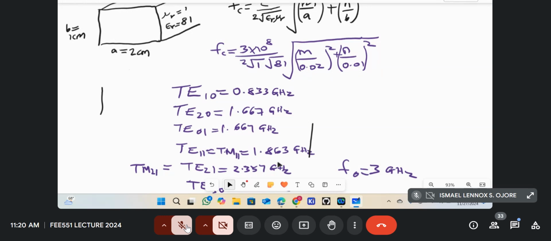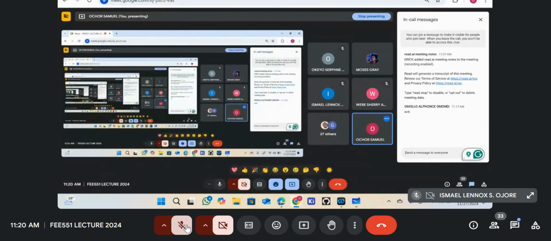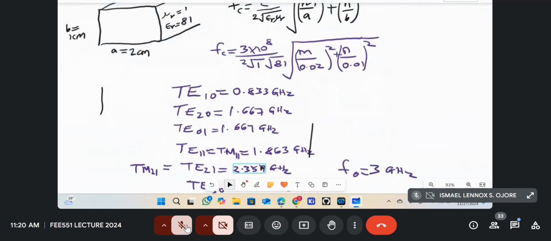Because my opinion was that the formula for calculating TE11 is the same as for calculating TM11 with the same dimensions A and B. So now we'd have TE11 having the same cutoff as TM11.